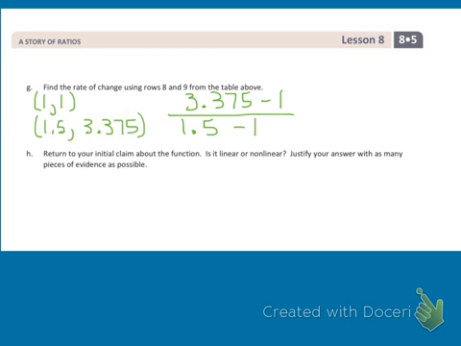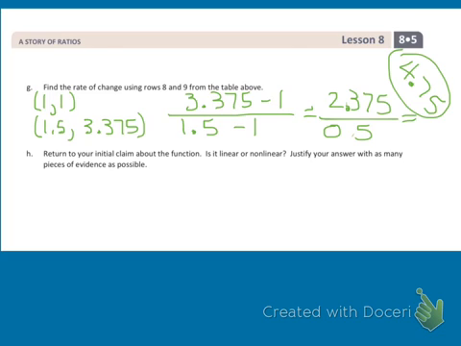So I've got, looks like that same slope again, 2.375 divided by 5/10, and that result came out to be 4.75. Write it this way, 4.75.